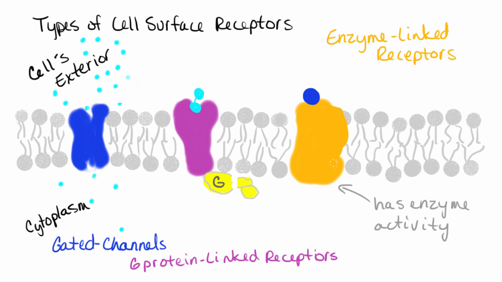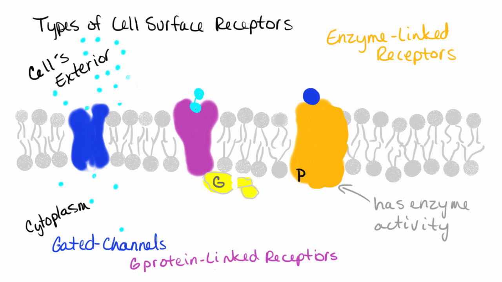So it will be altered in some way so that basically that activates the enzyme portion on the other side. And when that enzyme portion is activated, it is going to be able to do whatever that particular enzyme is designed to do. Now, in many cases, that is going to be kinase activity. And kinases have the capability to add phosphate groups to things.